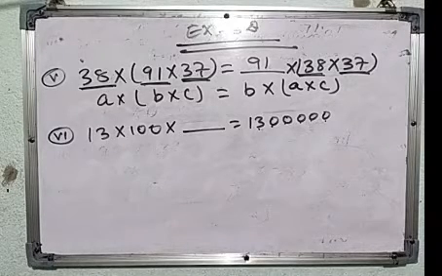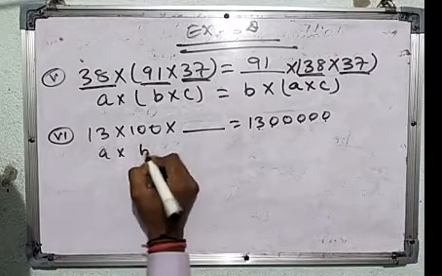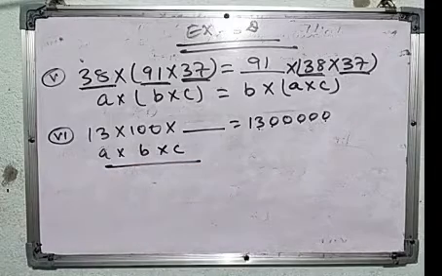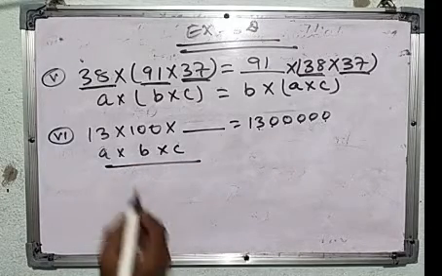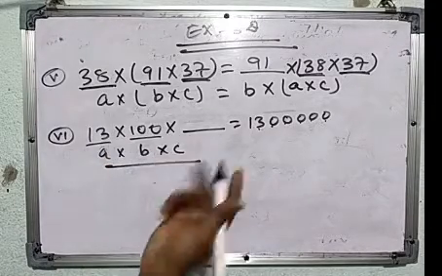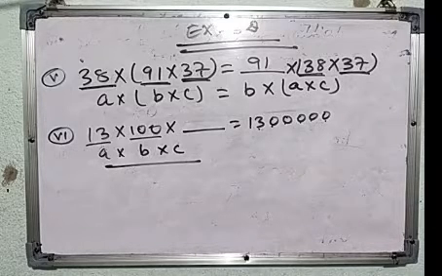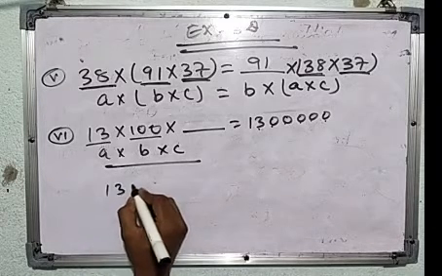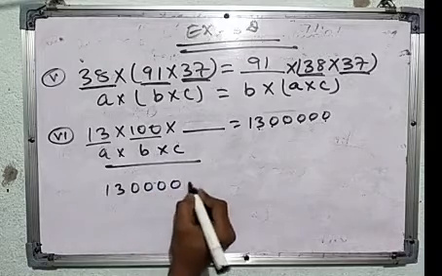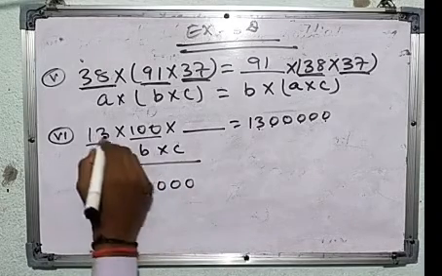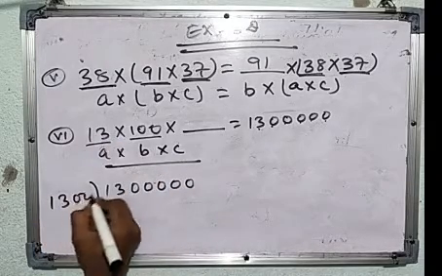So students, here you see the product of A into B into C. You have number A, B, but you have not value of C. So you divide 13 lakh by 1300.